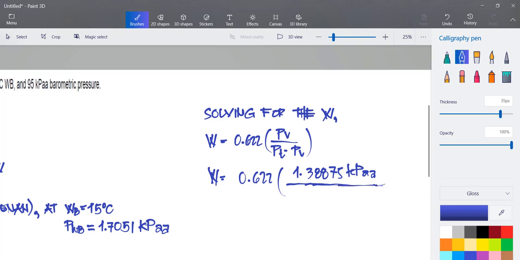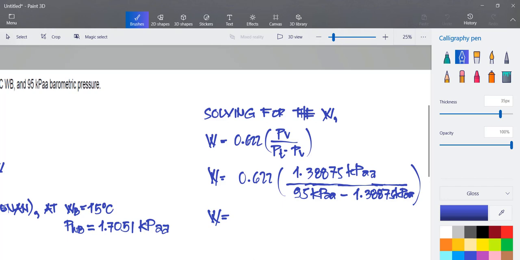Divided by the total pressure, which is 95 kPa absolute, minus 1.38875 kPa absolute. Okay, so we have now the value for the humidity.